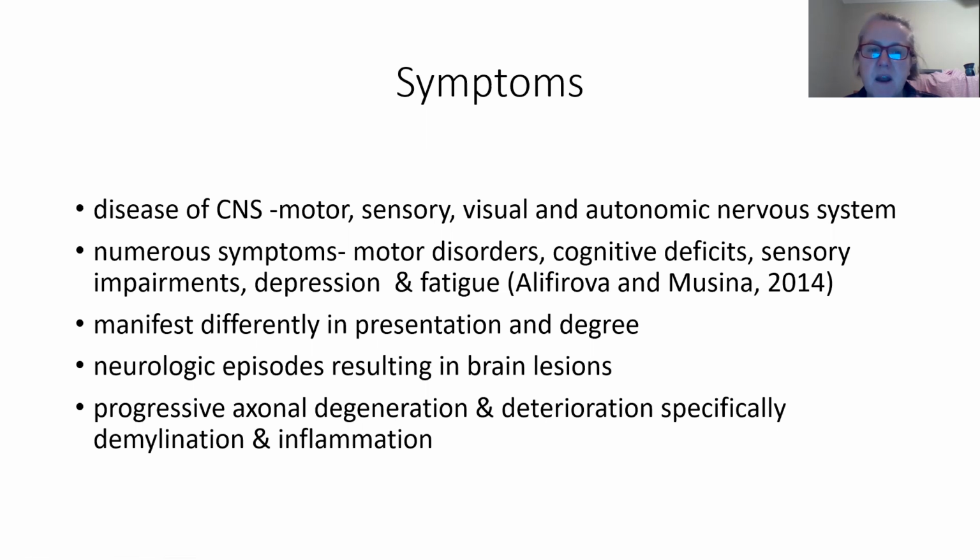These symptoms manifest differently in each person and differ in the presentation and degree. And in terms of the diagnosis, they're disseminated in different space and time. The attacks on the brain, the neurologic episodes, result in brain lesions which impact on the numerous systems and are expressed in the numerous symptoms that are seen.